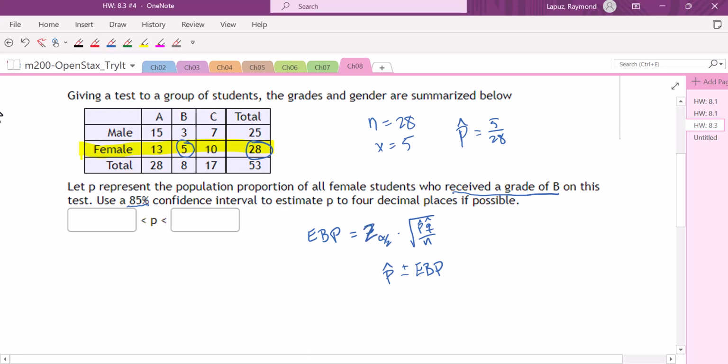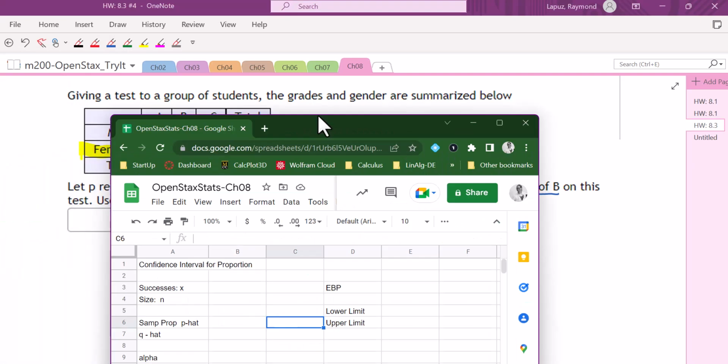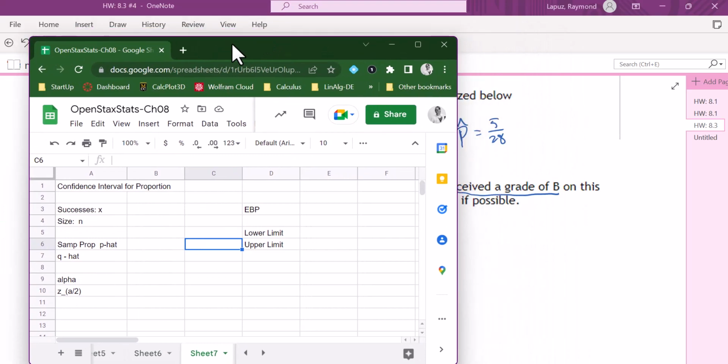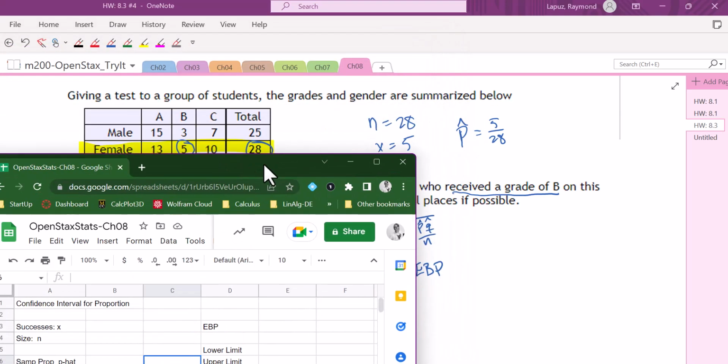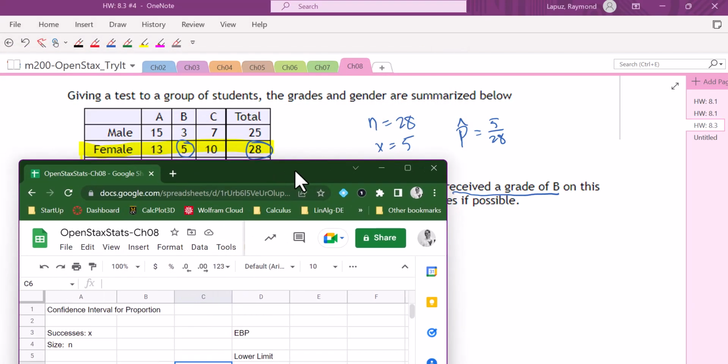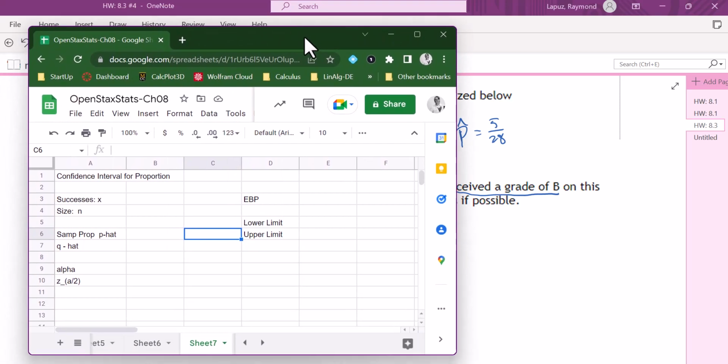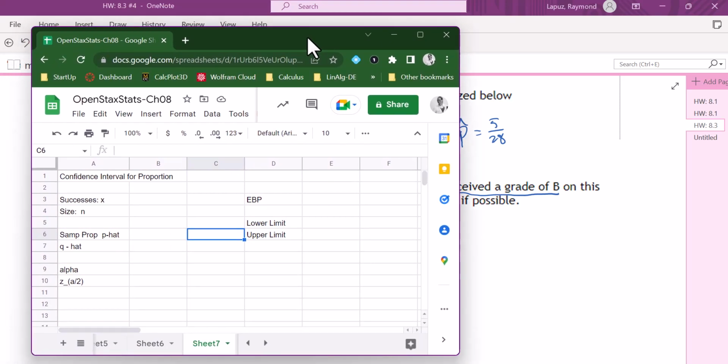Now, I have a template in Excel or in Google Sheets. If you were to use a graphing calculator, there will be places to put your X and your N, and then your confidence level. But in this case, we will be using Google Sheets.